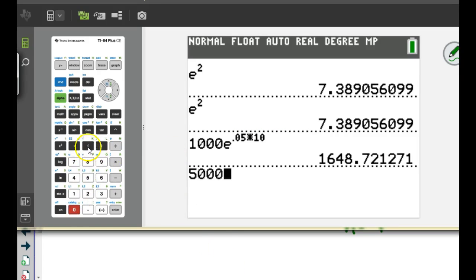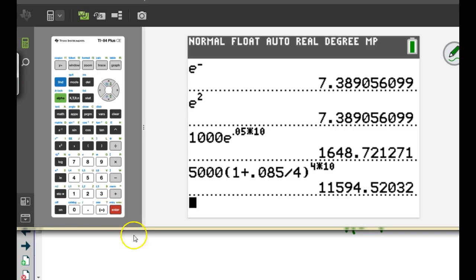5,000, 1 plus 0.085 divided by quarterly to the power of 4 times 10. 11,594.52. Anybody get that or not? Did I do something wrong?